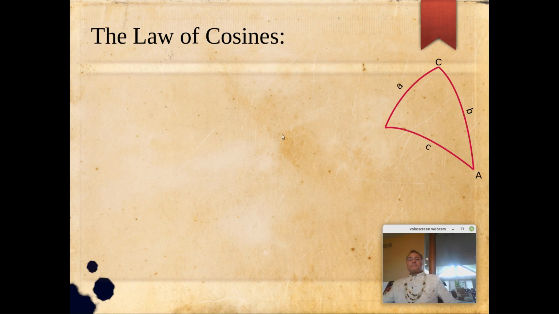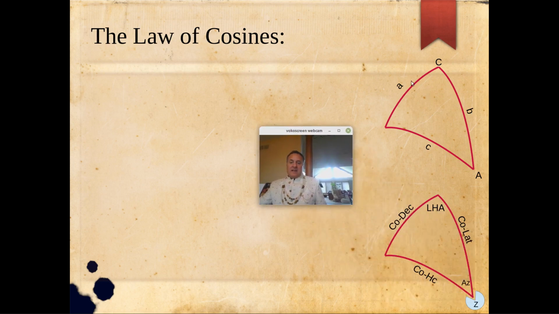Now, I should say that in celestial navigation, we've identified that little a is the co-declination. Big A is the azimuth or the zenith angle. The co-latitude is little b, and co-HC, which is what we're looking for, is little c.